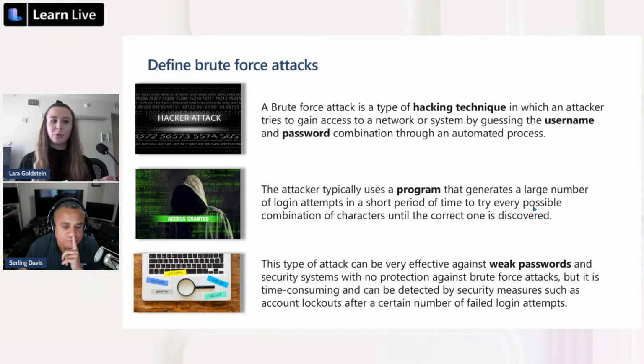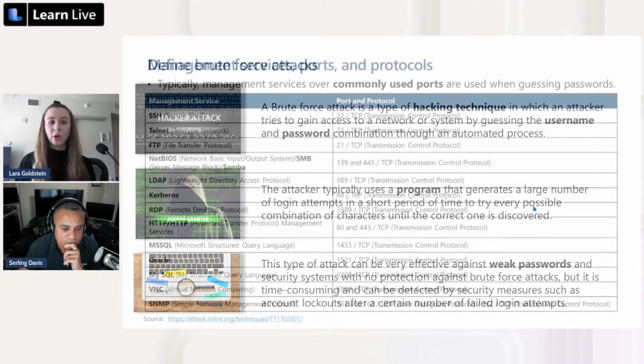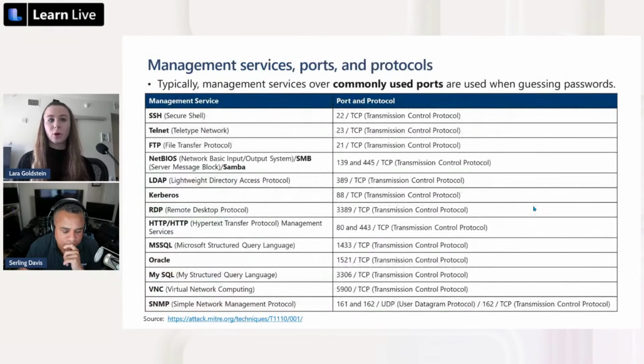Commonly, when brute force attackers try to execute these attacks, they're going to target commonly used ports for management services. For example, port 22 is commonly used for secure shell management services, and port 3389 is used for remote desktop protocol, or RDP, management services.